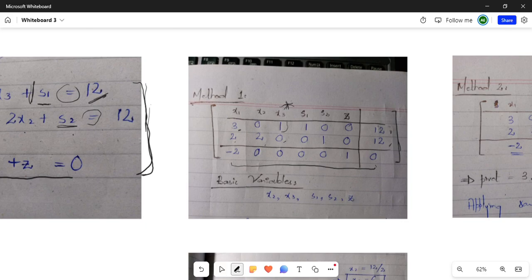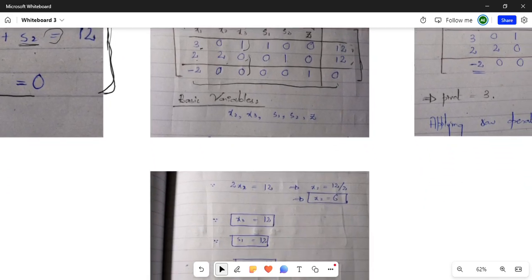As we can see, it has only the non-zero value 1, and the other values are 0. Similarly, we have another basic variable s1, and similarly x2, and similarly z. And x1 is not a basic variable.